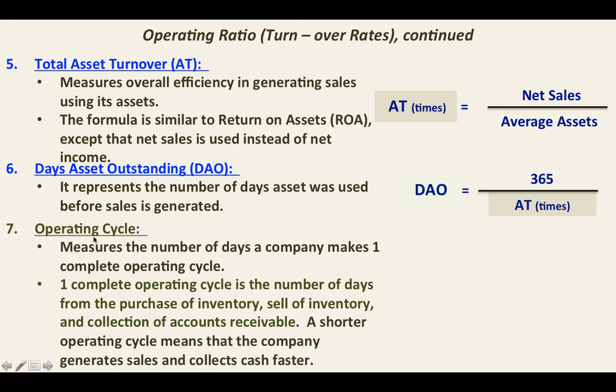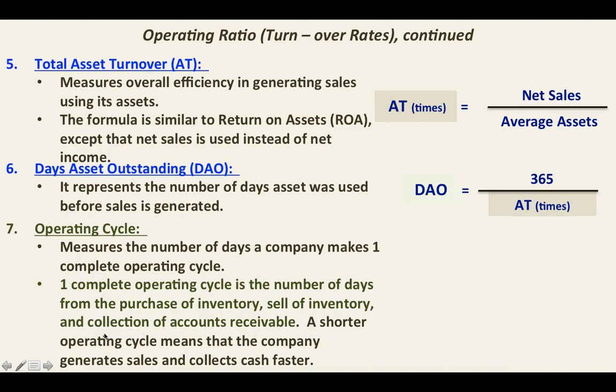The last way of determining operating ratio is the operating cycle. Operating cycle measures the number of days a company makes one complete operating cycle. When we speak of one complete operating cycle, we mean the number of days from the purchase of inventory, sale of inventory, and collection of accounts receivable.